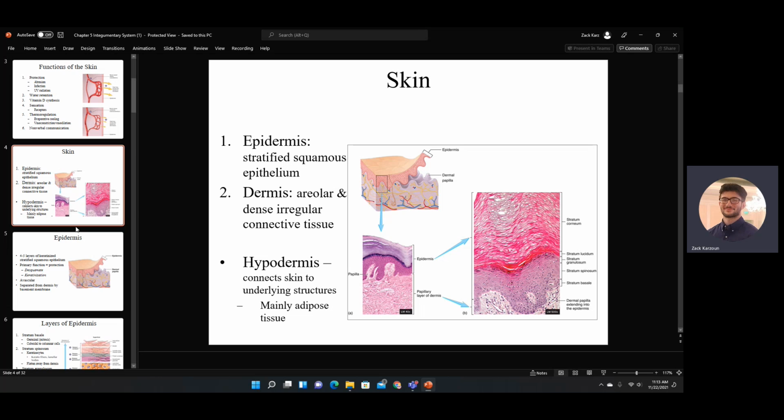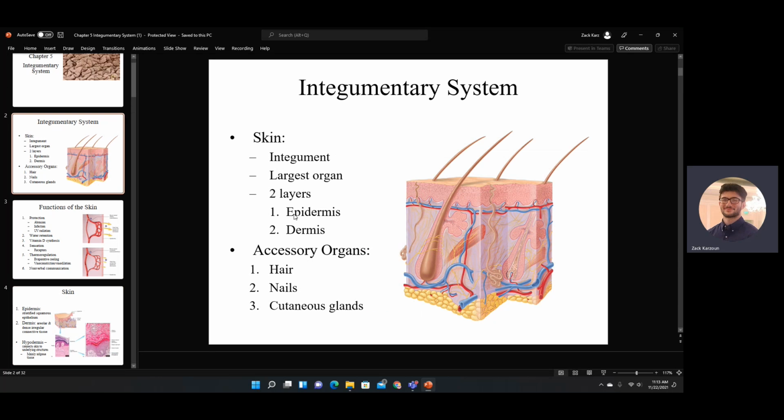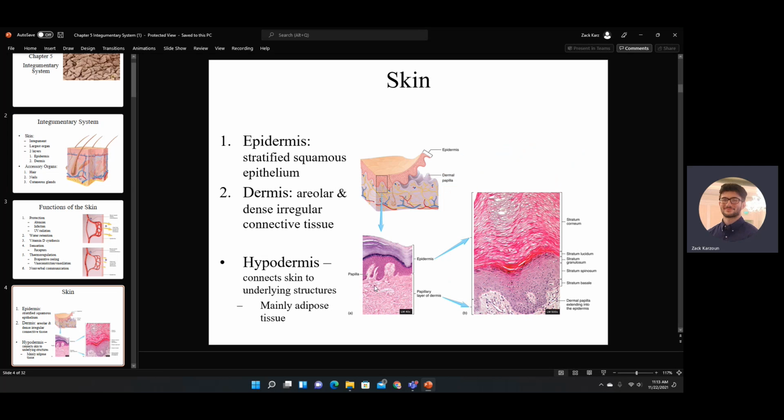So areolar, I can go back up, is this little matrix right here. It's this fluidy matrix that houses this. So it's both. It can be the fluidy, and it's also irregular connective tissue. Maybe try to imagine a three-dimensional cube, so concentrated but also free at the same time in some fashion.